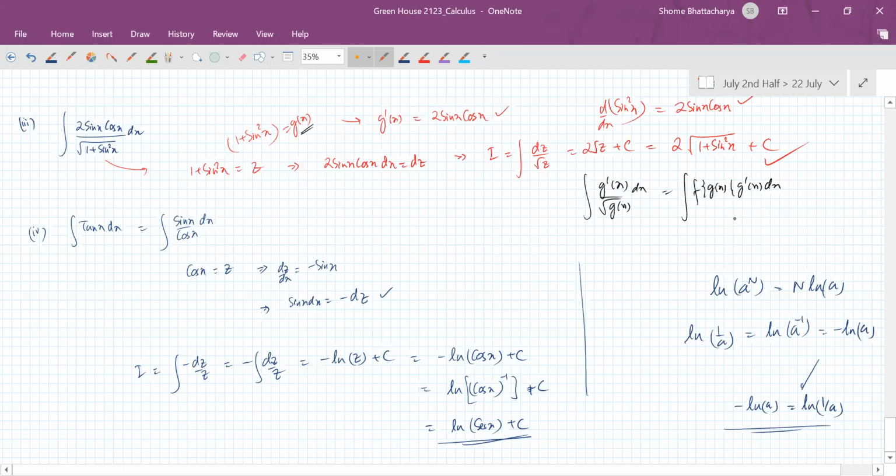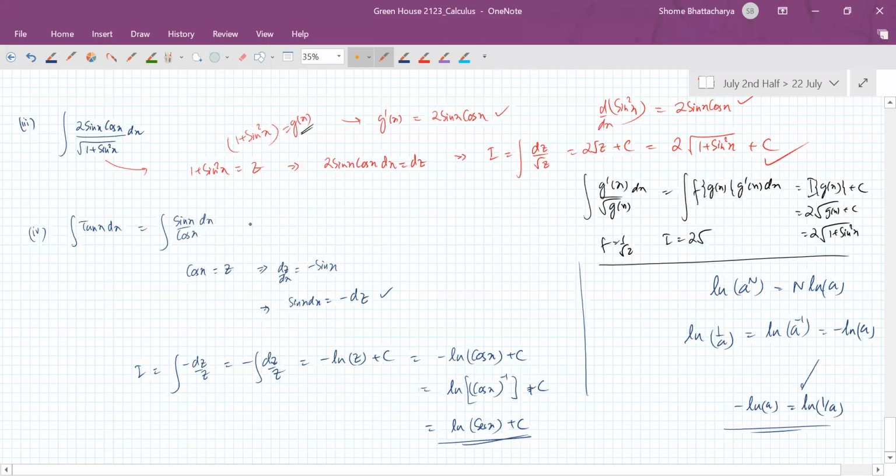So that should be I of gx. Now, what is the antiderivative of 1 by square root function? Your f is 1 upon square root. So the antiderivative of that is 2 times square root. So this will be 2 times square root of gx plus c. So, 2 times square root of 1 plus something, like that. Okay, sir.